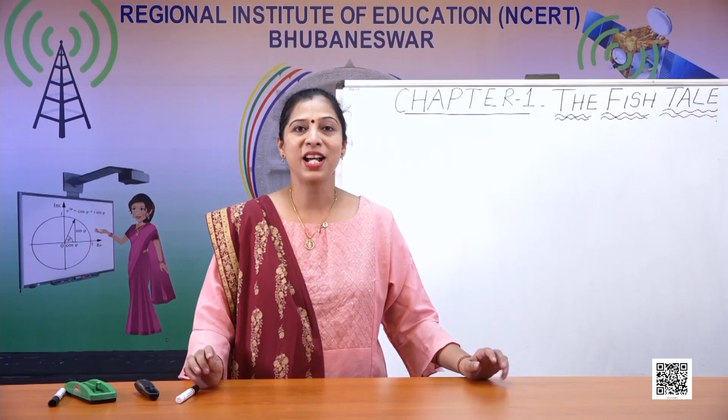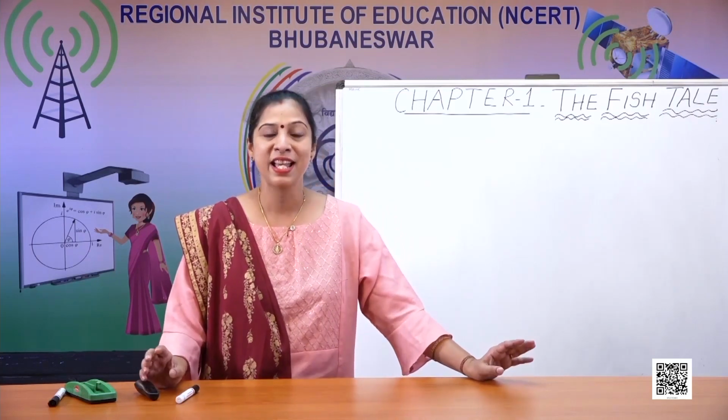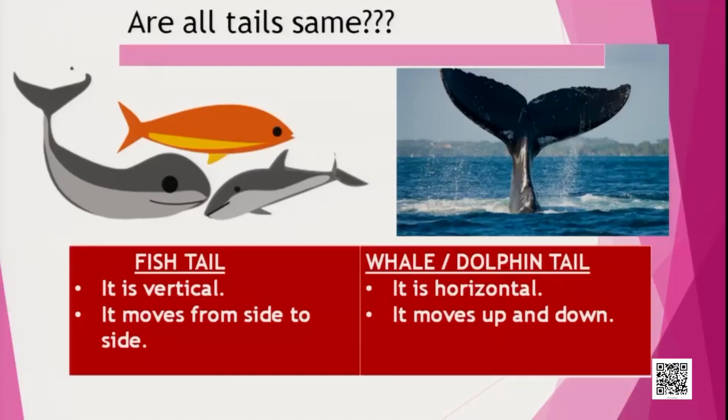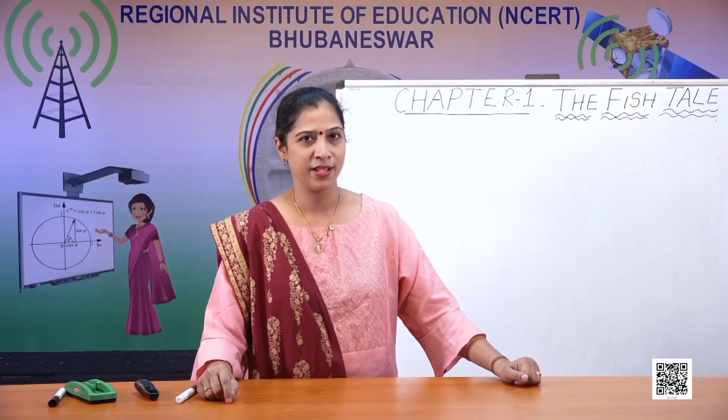Now, when we are talking about these tails, fish have got 2 different types of tails. Now, when we were speaking about the whale shark, it's actually not a fish, it's a mammal. What do you know about mammals?